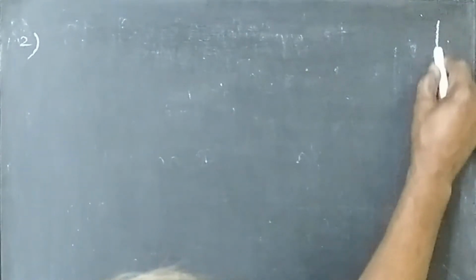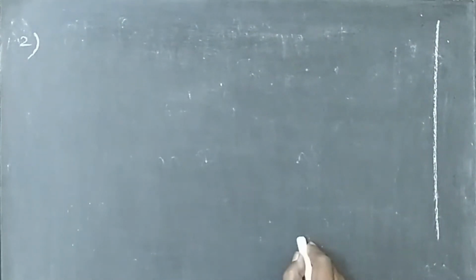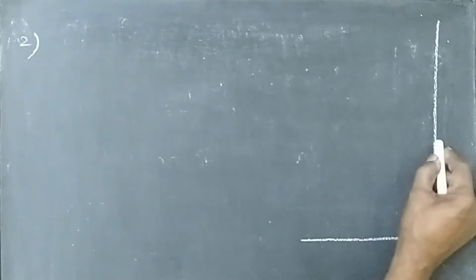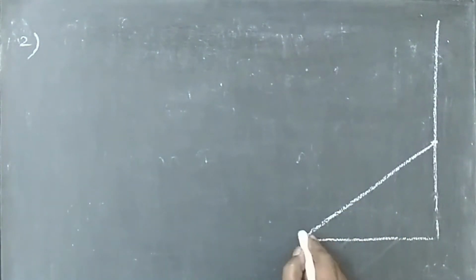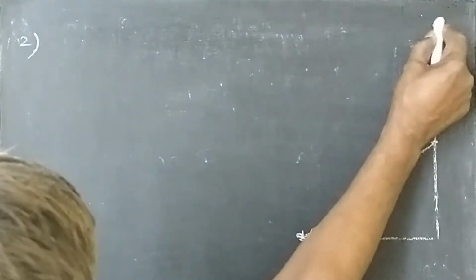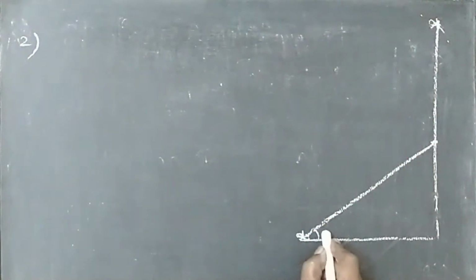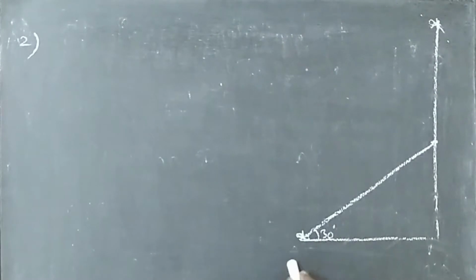2. A tree is broken. Now this is a tree, this is a point. The tree is broken at the point and it makes 30 degree with the ground.